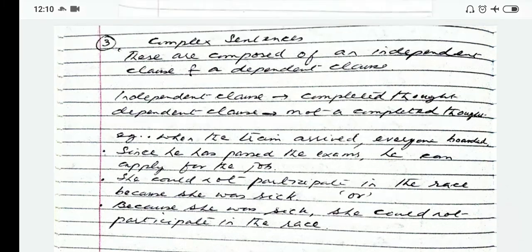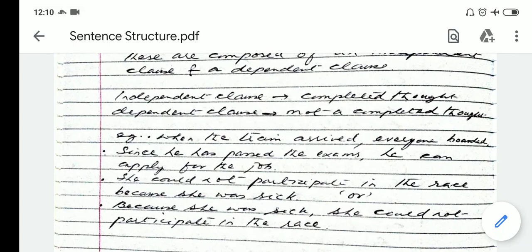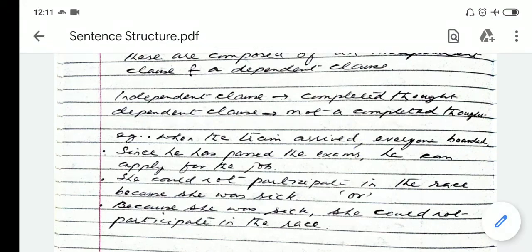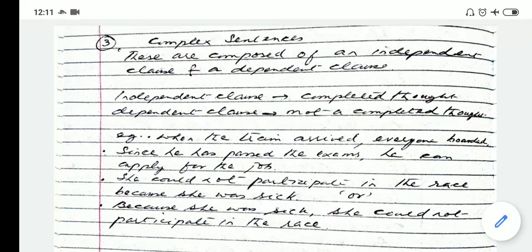But when we place, like in this case, she could not participate in the race, the independent clause first and then the dependent clause, we do not separate the clauses with the comma. I am repeating it. Whenever we place the dependent clause first and then the independent clause, we separate the clauses with the comma, like this.